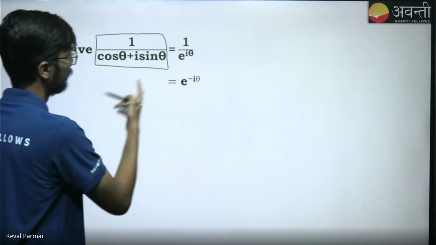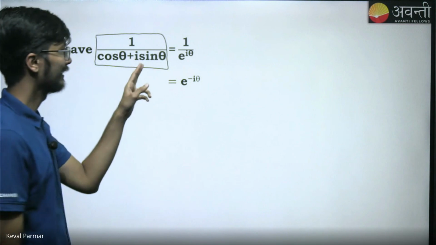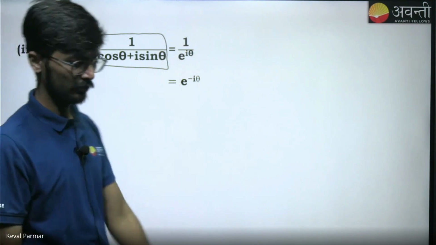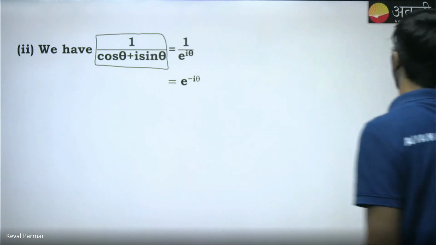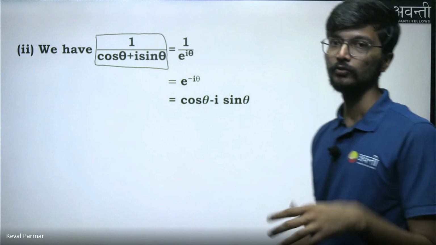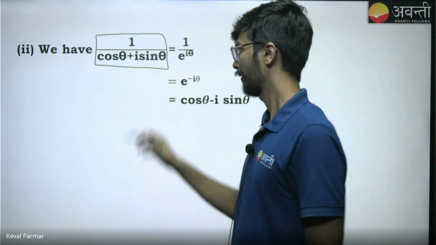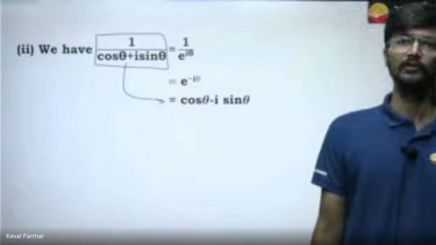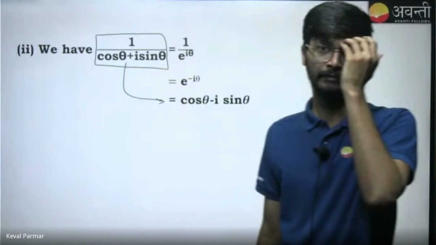Why? Because 1 upon cos theta plus i sine theta is 1 upon e raised to i theta, and by exponential property, I can write it as e raised to minus i theta, which, as we know, is cos theta minus i sine theta. That means 1 upon cos theta plus i sine theta can directly be written as cos theta minus i sine theta. Correct?